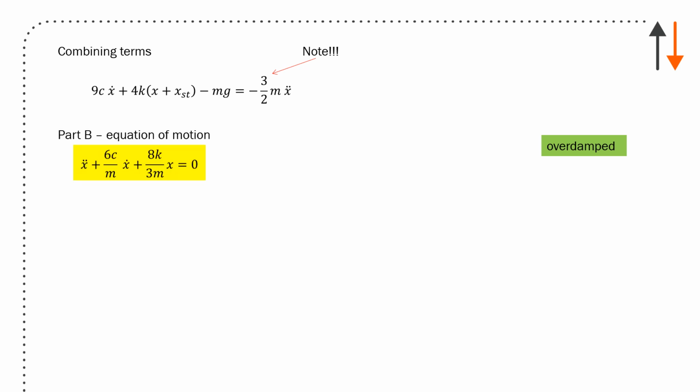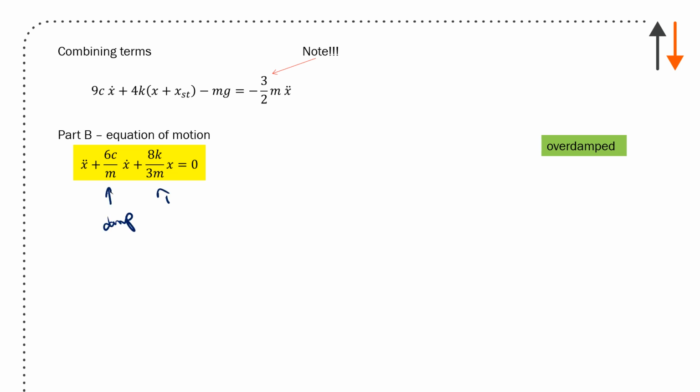So now that we have the equation of motion, I can substitute in terms, combine everything, and I end up with this. And this term here is my equation of motion. And as you're aware by now, this term is my damping term.